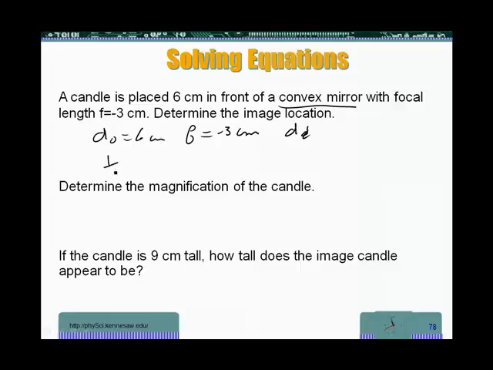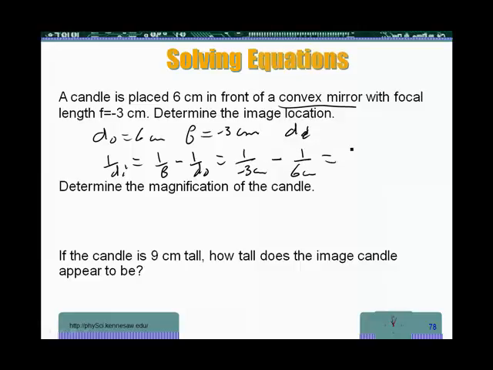So 1 over DI is 1 over F minus 1 over DO. So it's going to be 1 over -3 centimeters minus 1 over 6 centimeters.